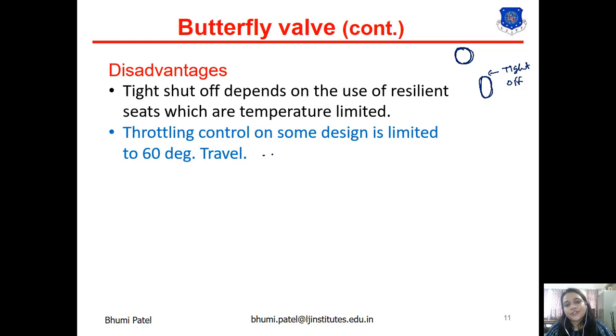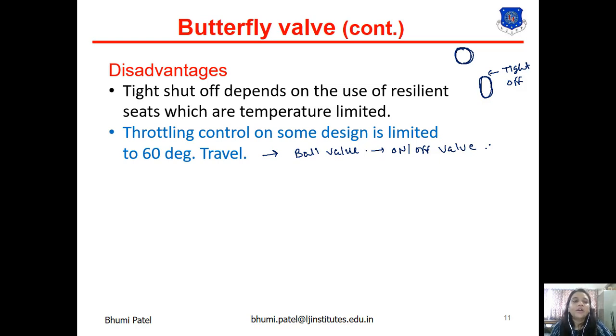Here the construction of the butterfly valve is the same as the ball valve, and the application of the ball valve is only on and off. So, same as the ball valve, with the butterfly valve we can only turn the valve on or off. It means we can start the flow or stop the flow.